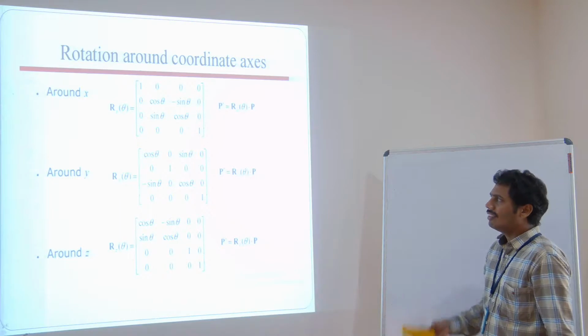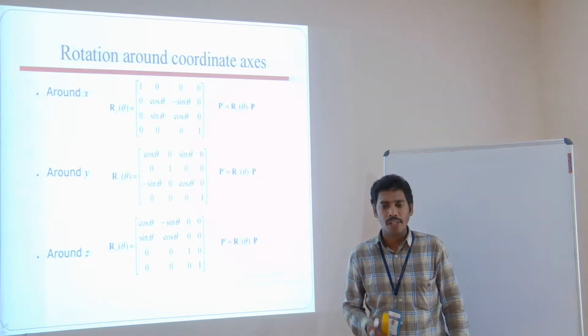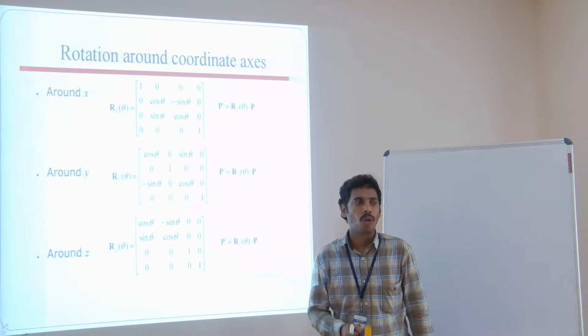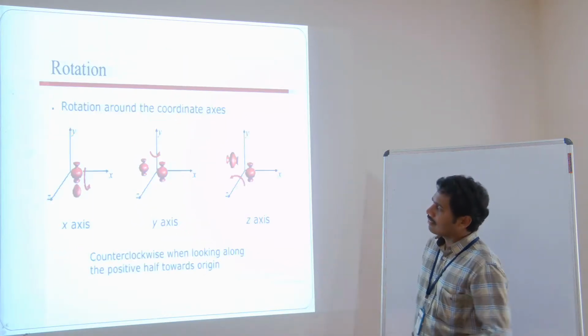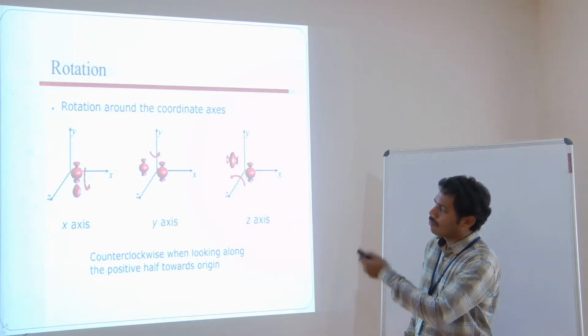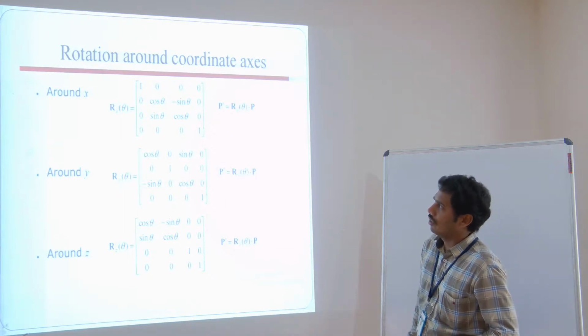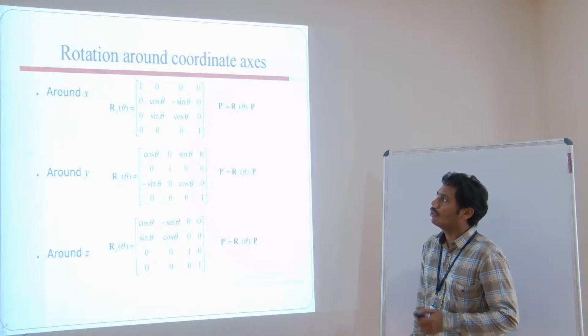So in all these cases, what I am doing exactly is, with respect to a particular coordinate axis, I am trying to rotate an object. For example, on the x-axis, I am rotating with respect to the x-axis. If I observe the diagram, see, around the x-axis, x theta. With respect to the x-axis only, I am trying to rotate the object.